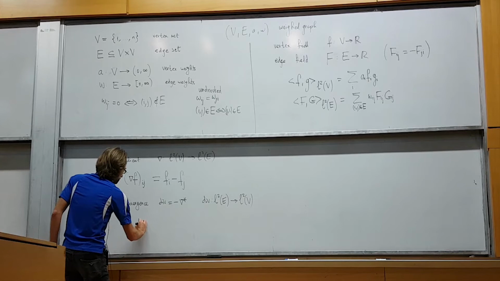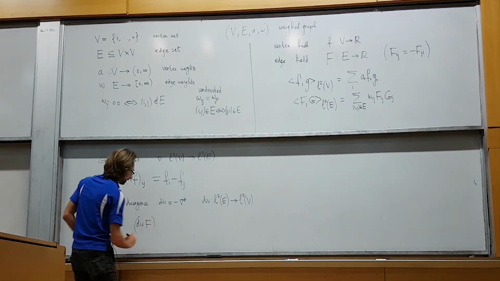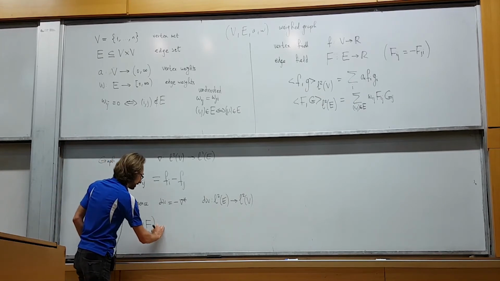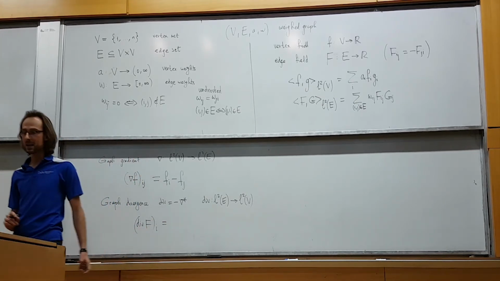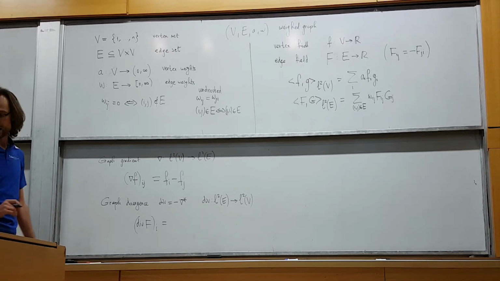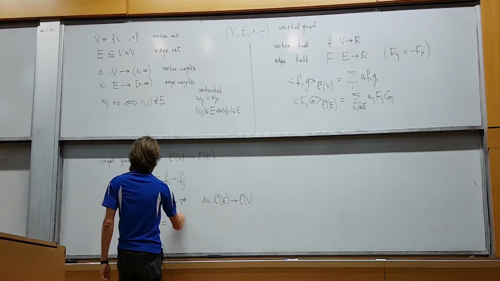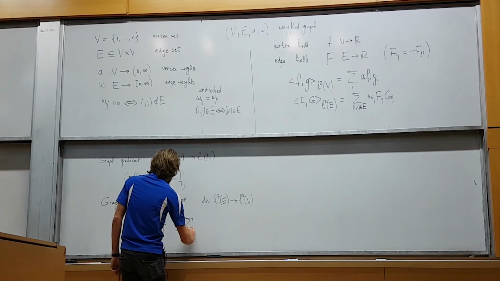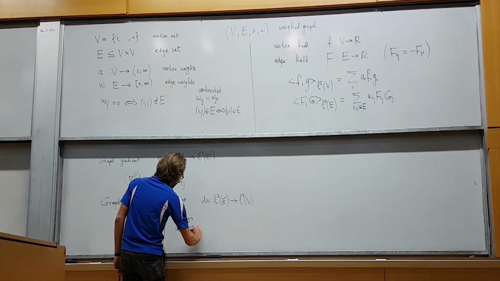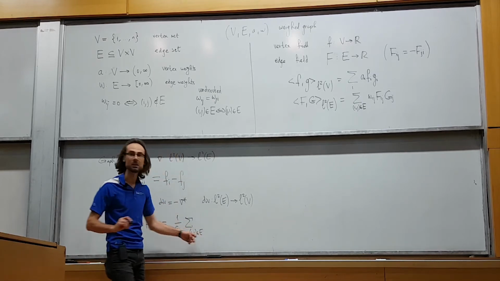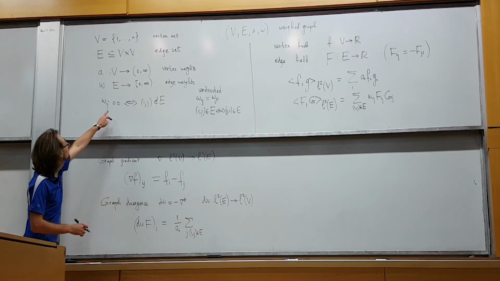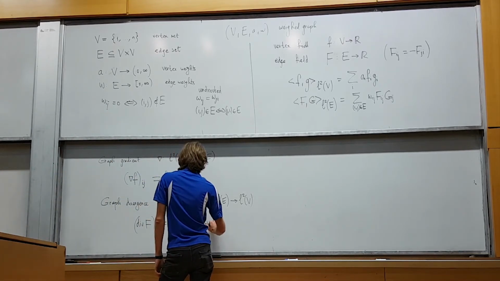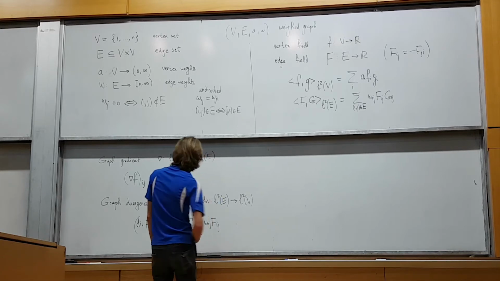So the divergence of an edge field F, now this object is a vertex field at point i, will be given by 1 over a_i, sum over j such that ij belongs to the edge set, Wij Fij.